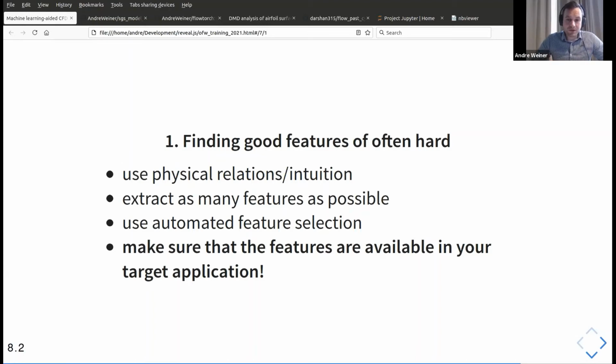Now you could probably create a machine learning model that predicts the drag based on the neighboring positions with high accuracy. But if you want to use such a model, for example, in an Euler-Euler simulation, this would be impossible, because there you only have mixed properties, and you do not really know the position of individual particles. This is maybe an obvious example, but it can happen more easily than you think, that you train on some features that you do not really have in your target application.